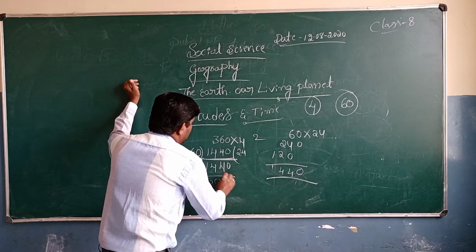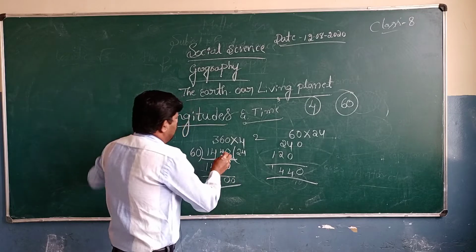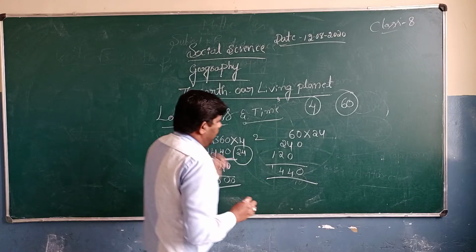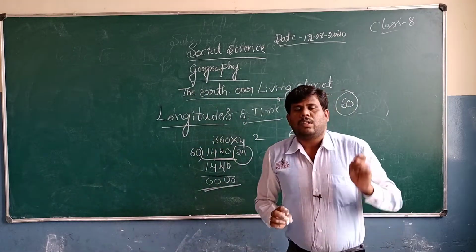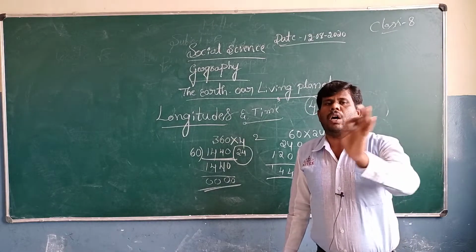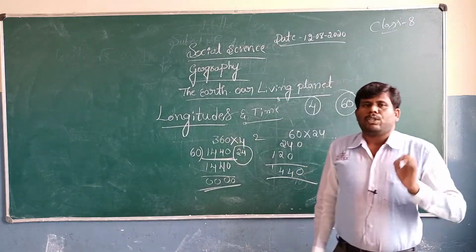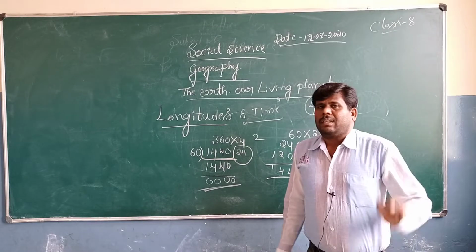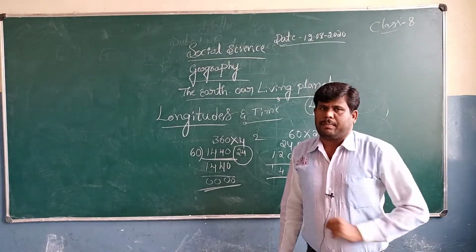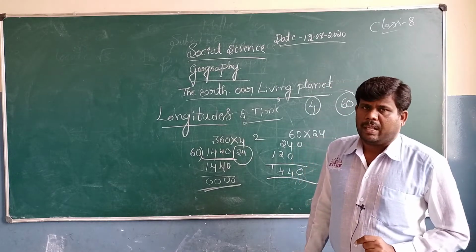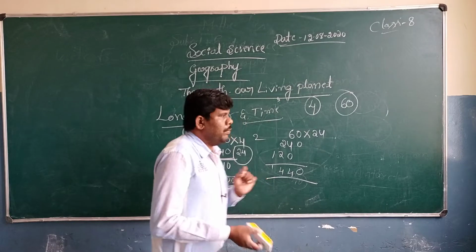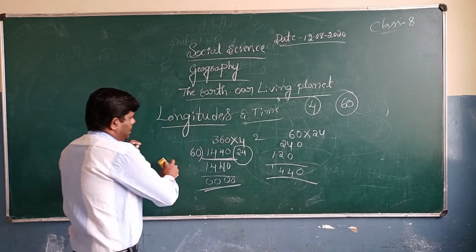So there is a remainder of 0. So the Sun takes 24 hours to complete the 360 longitudes on the Earth. In this way, the Sun completes its circuit on Earth in one day. Right?